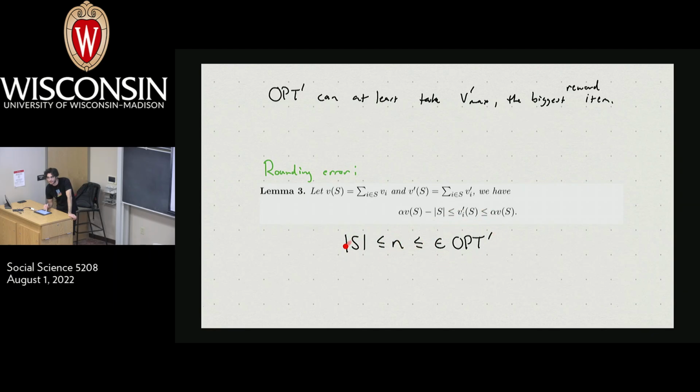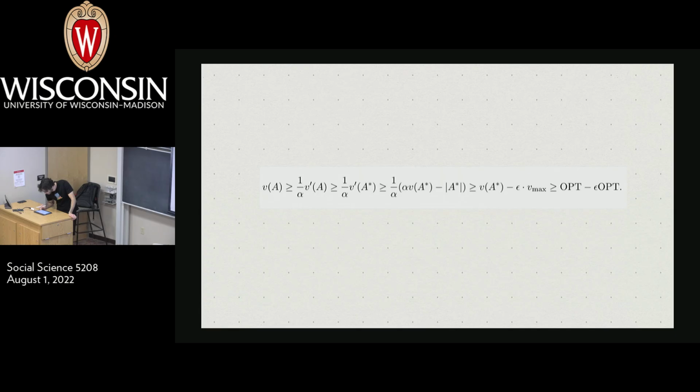And that's for any S. And so you can plug this into this equation, and what's going to happen is this. So A is the solution to the rounded instance, and A star is the solution to the true instance.